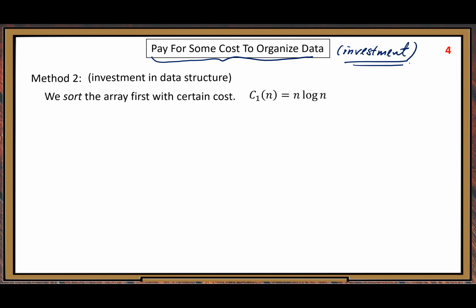At this point, because we haven't learned much about sorting, I just give you the best we can do in sorting. That's n log n. We will derive this formula later; at this point we do not have it.